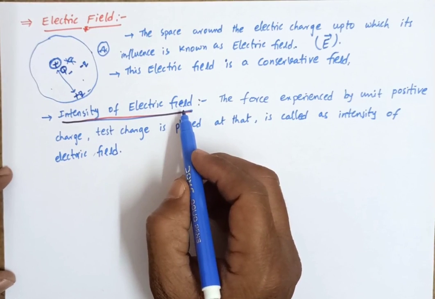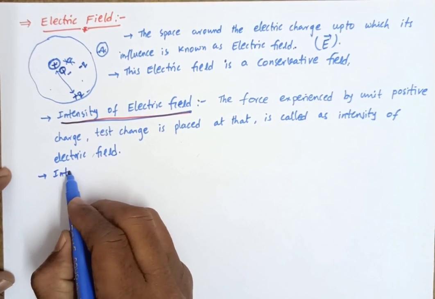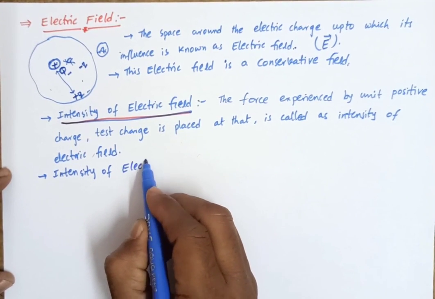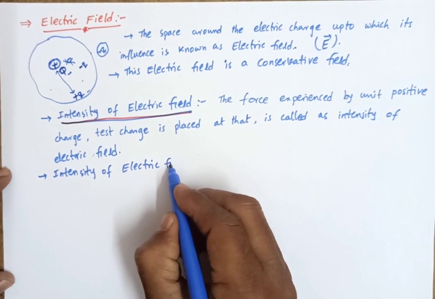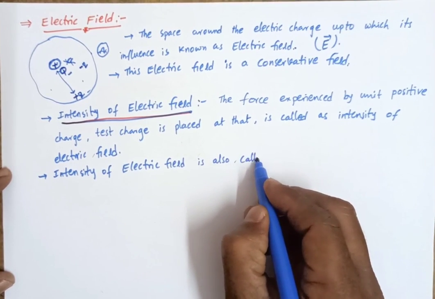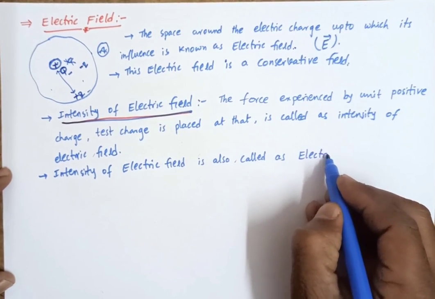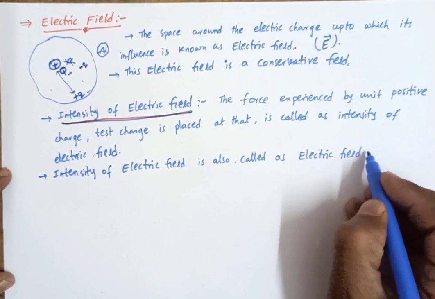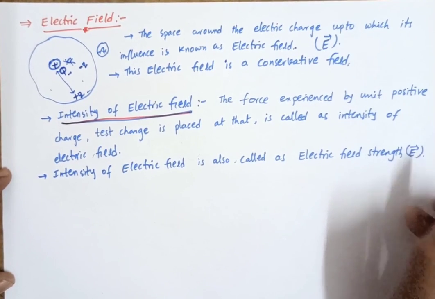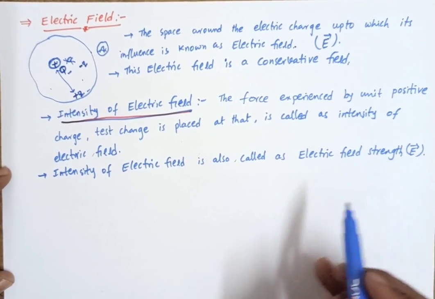Intensity of electric field is also called the electric field strength. This is E, the electric field strength.